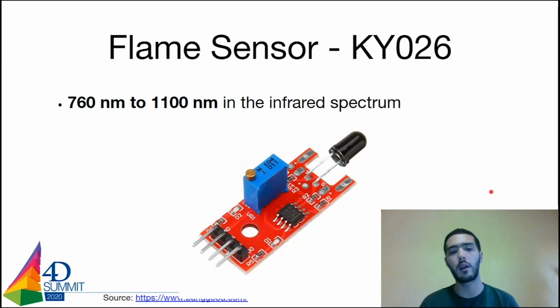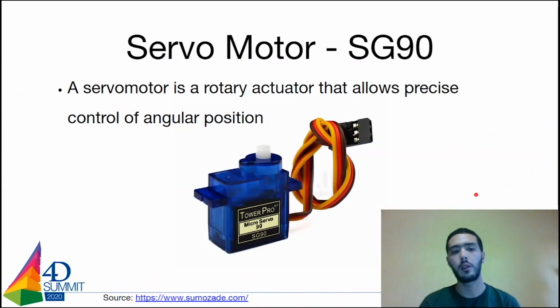This range is, in fact, the range where the waves emitted by a fire are located. So the first actuator will be a servo motor, the SG19. It's a rotary actuator that will allow us to precisely control the angular position.